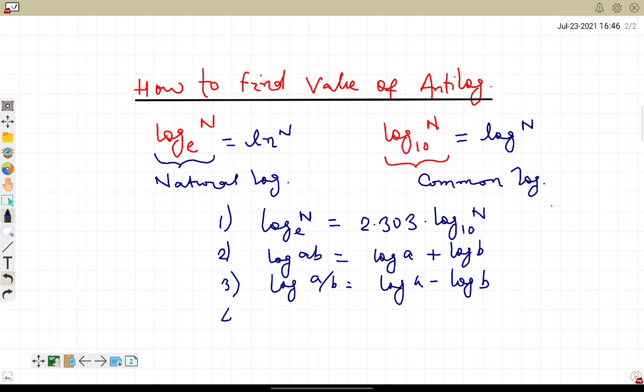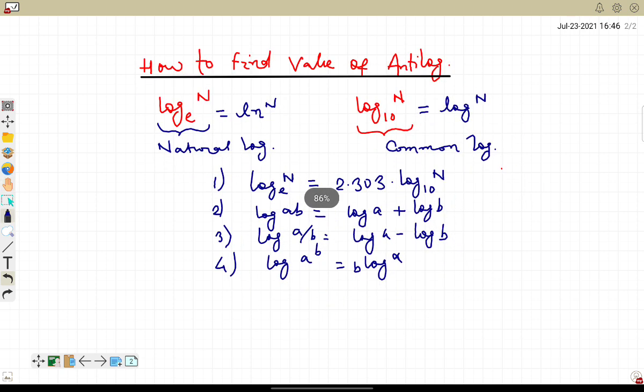Fourth one is log of a raised to the power b can be written as b times log a. And last, fifth one: log of a raised to the power b, and suppose some m is given, this complete value is equal to 1 upon b times log m with base a.